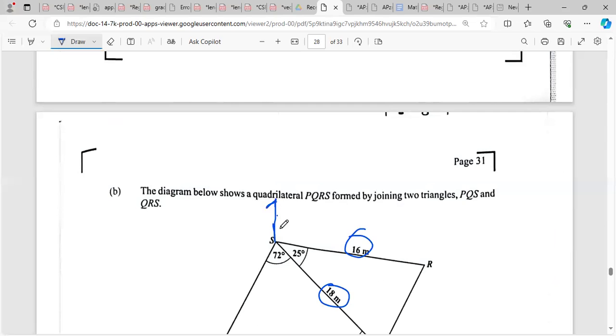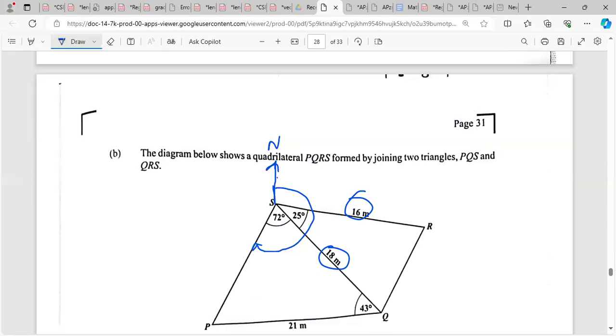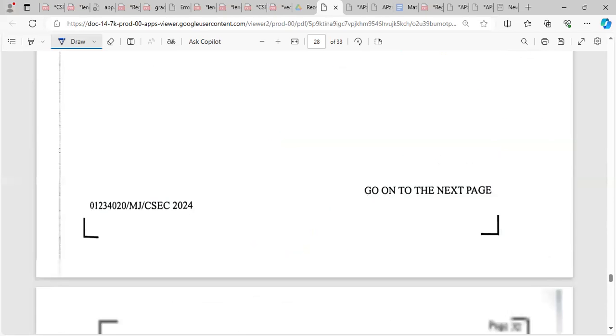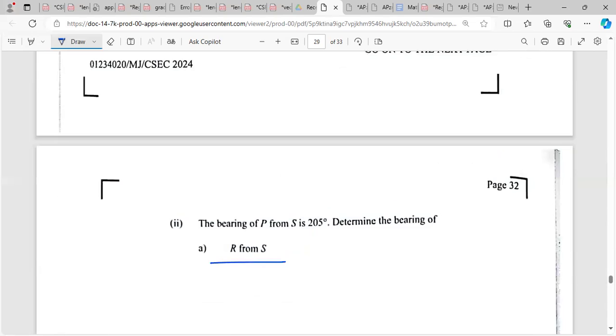So we draw in that line. It's supposed to be 205. What I'm asking for is the bearing of R from S.